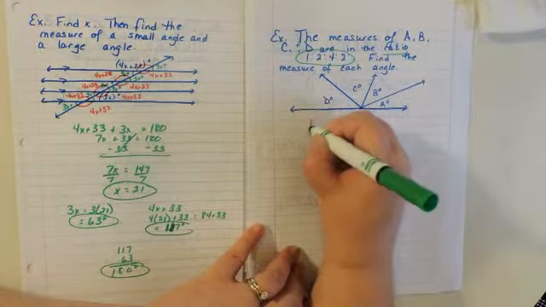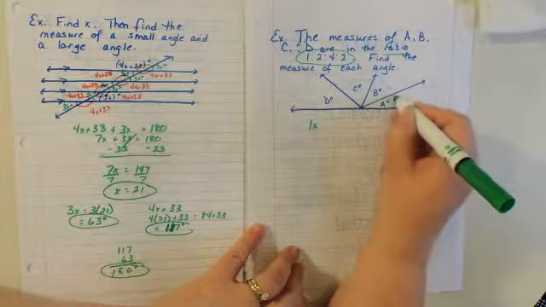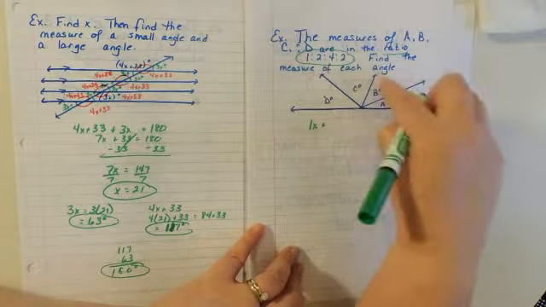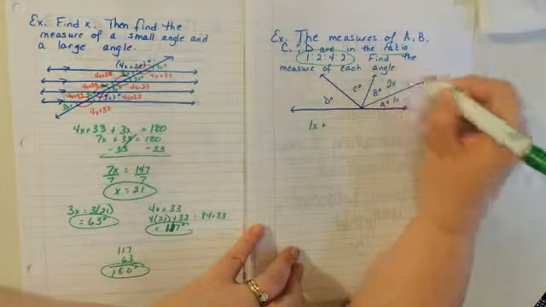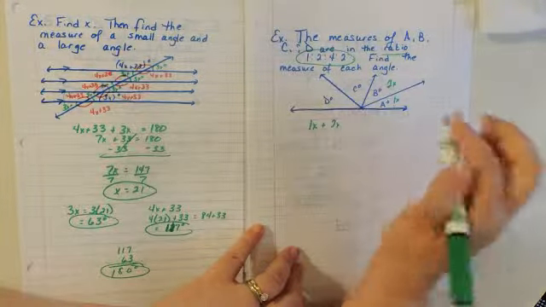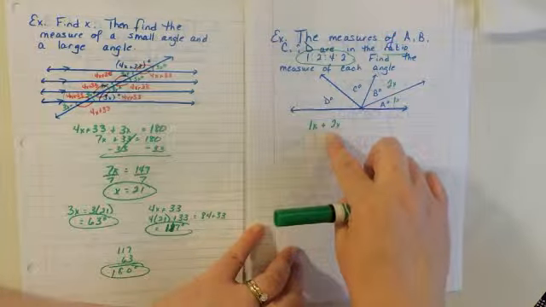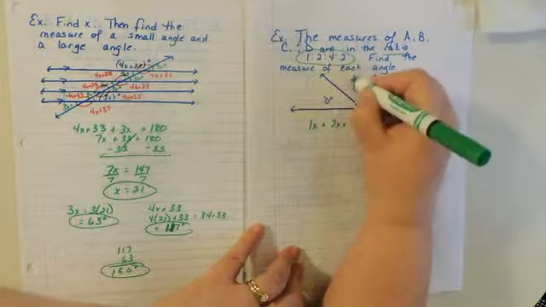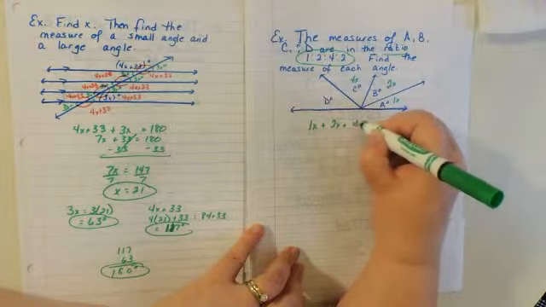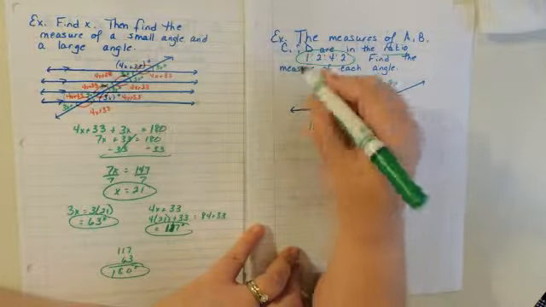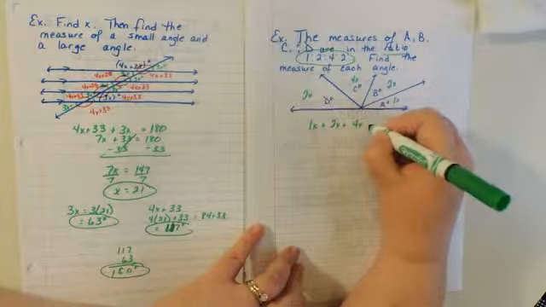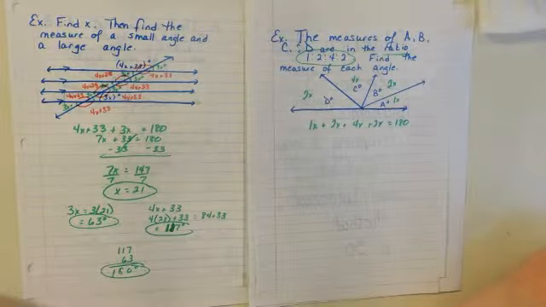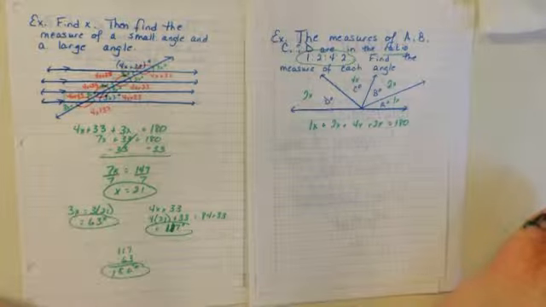We're going to say that 1 times x, which will be this one, plus this one is 2, so this is going to be 2 times x. So 1x plus 2x plus 4x, and then this one is back to 2 times the number, plus 2x equals 180. Okay? That's what a ratio is.